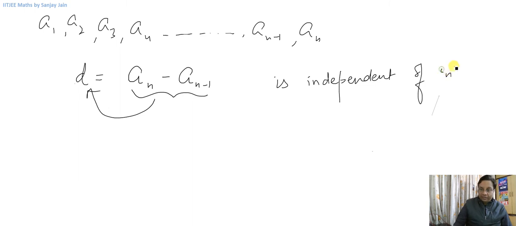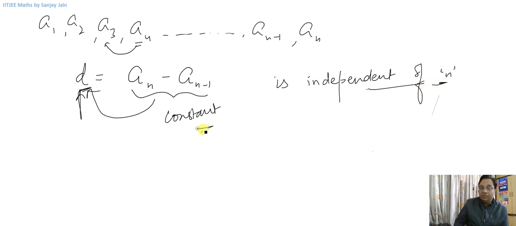Why I am telling you this is that if you have to show that a particular progression is an arithmetic progression, you can show that the difference of any of its term and its previous term is constant, right? If it is independent of n, it means that it is constant, right? This is one of the observations that I want you to keep in mind.